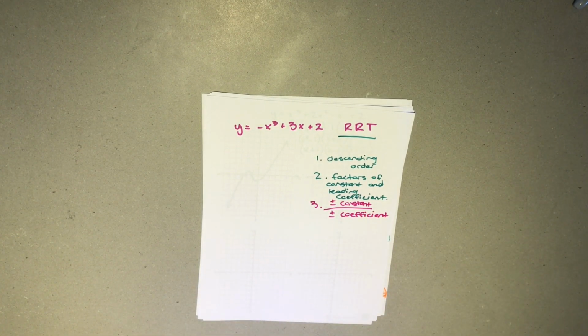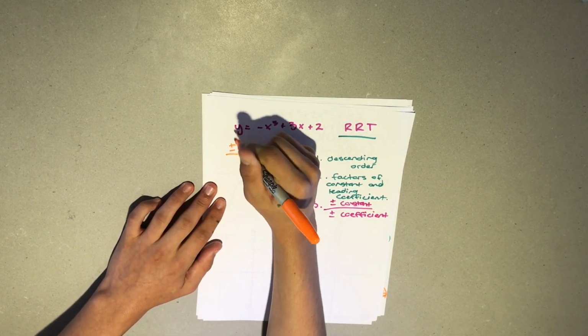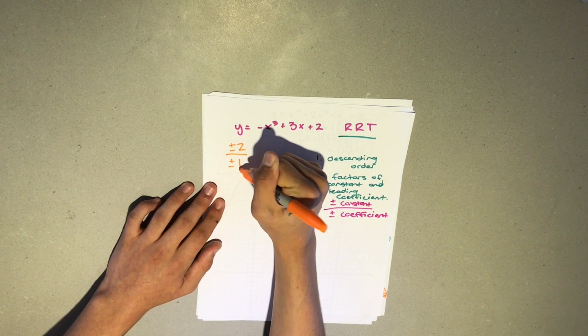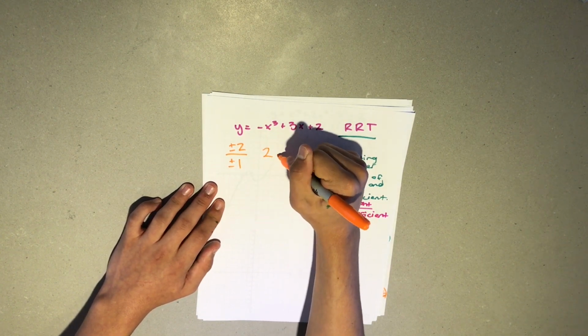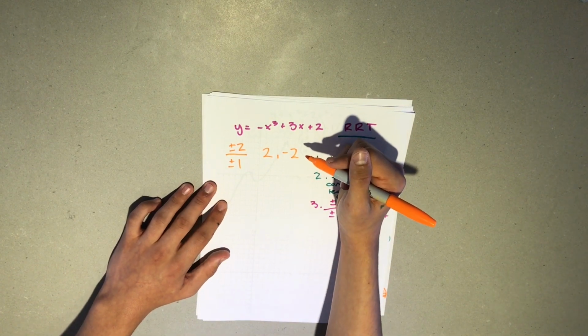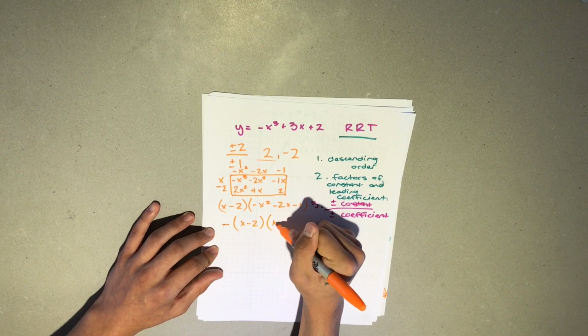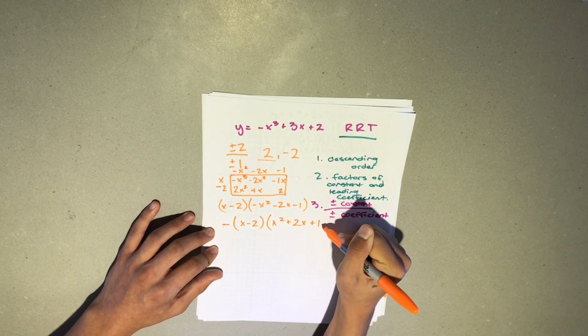And then you can use a box method or synthetic division to find out if it's true. The factors of this are plus or minus 2 over plus or minus 1. So this would be either 2 or negative 2. And so I am going to use the box method. So negative x minus 2, x squared plus 2x plus 1.